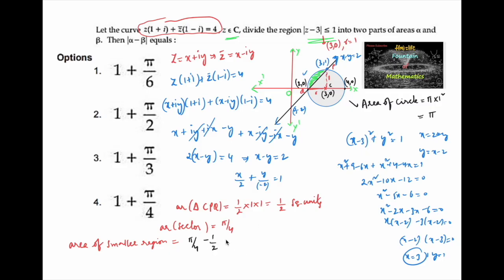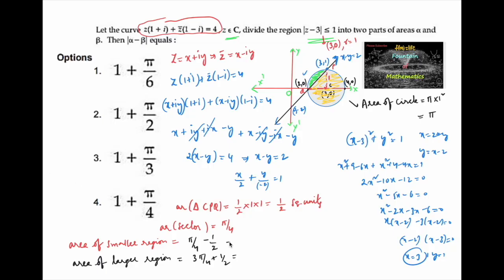So pi by 4 minus 1 by 2 is the area of the smaller portion. Similarly, the larger region is here, so we can say 3 times of pi by 4 and area of triangle CPQ, so that is plus half.